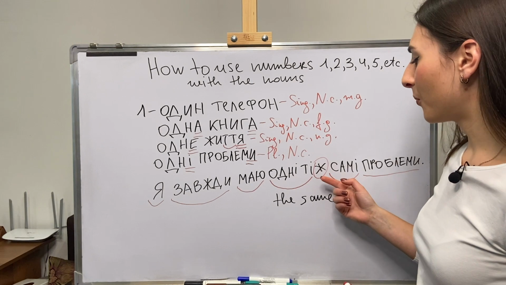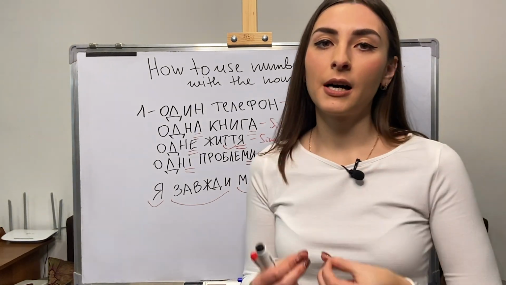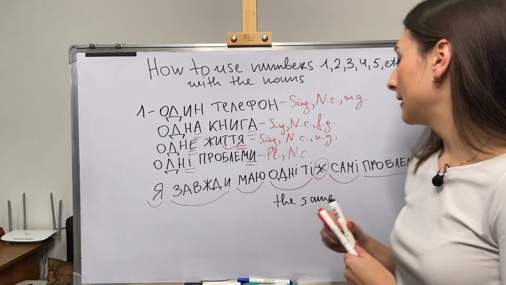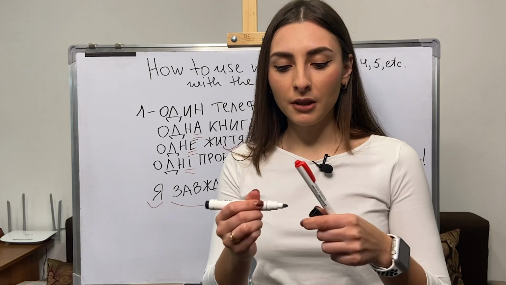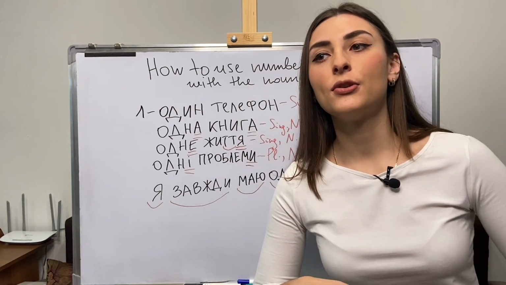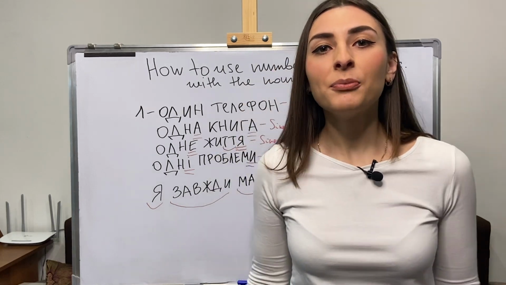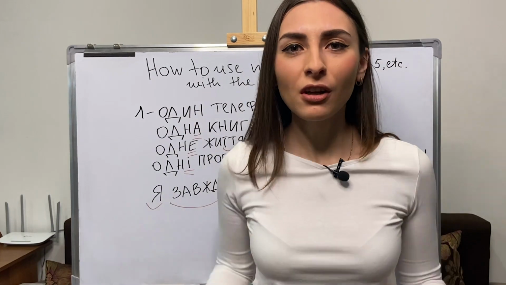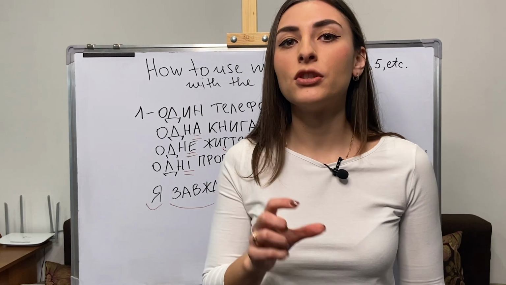You can ask me, Ina, what is ж? What is that? Ж is a particle in Ukrainian that doesn't have any meaning, but we use it when you need to emphasize something. For example, я тобі ж казала, I told you. Я тобі казала literally means I told you.